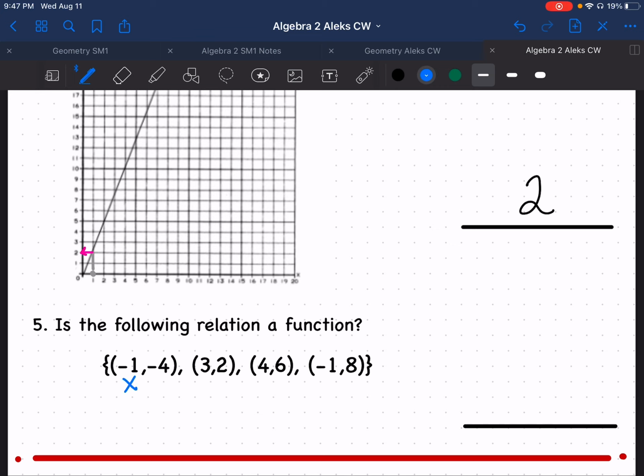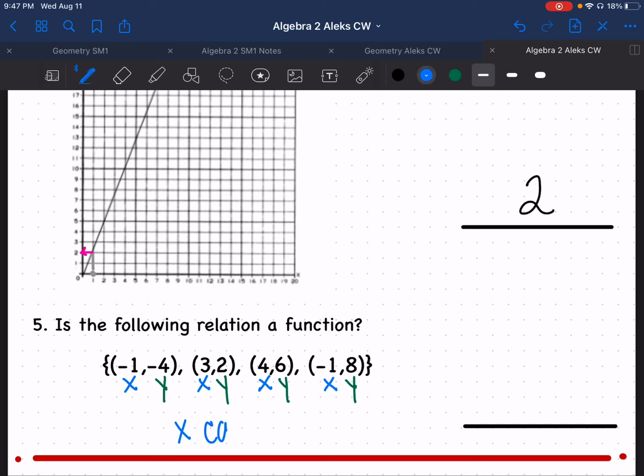These are the first numbers, the left number that you see in the ordered pair, and a y value. These are the second numbers, the right side number as you look at the ordered pair. All you have to remember is which one do you look at to not repeat? Which one cannot repeat?